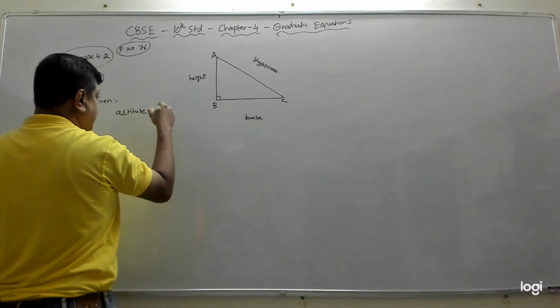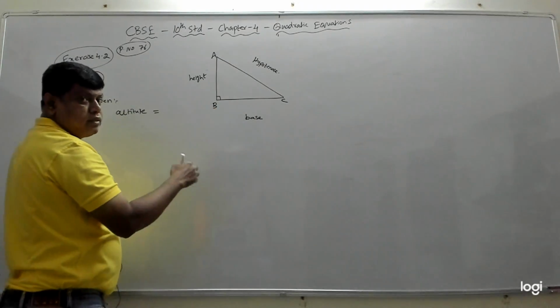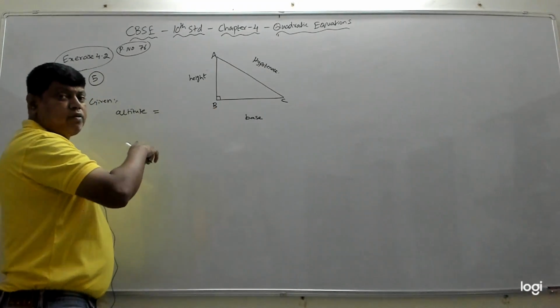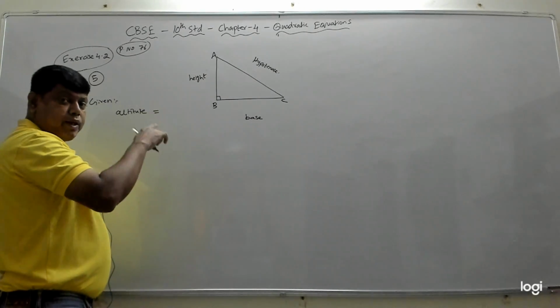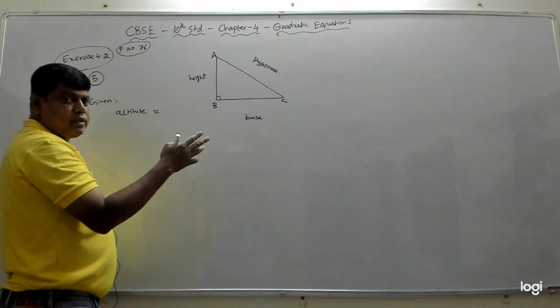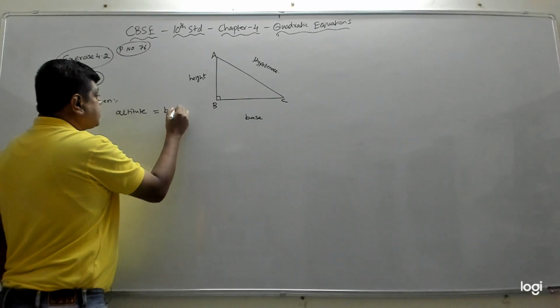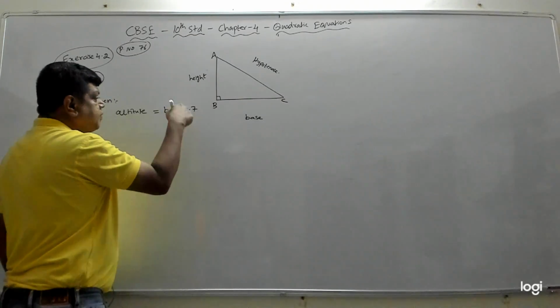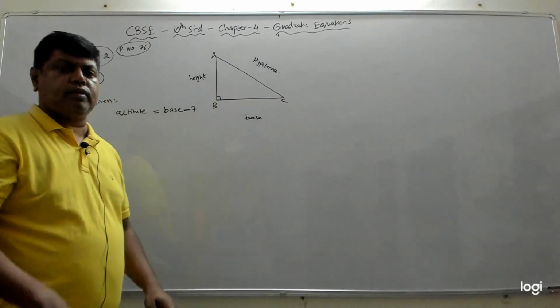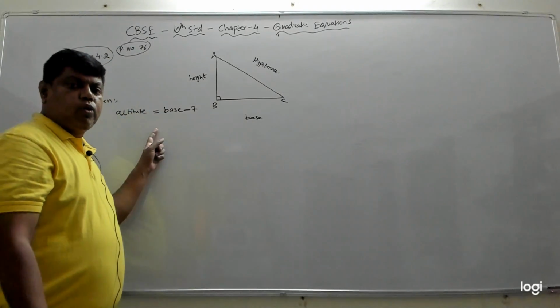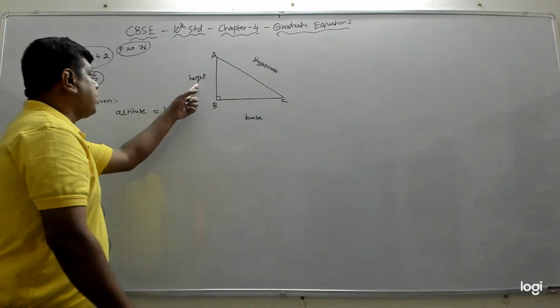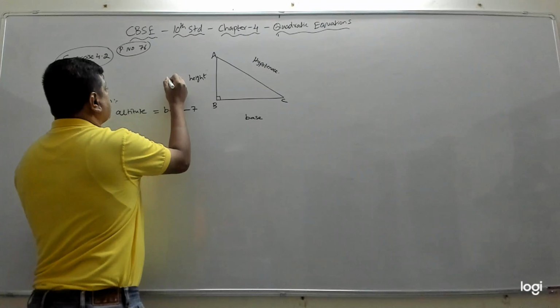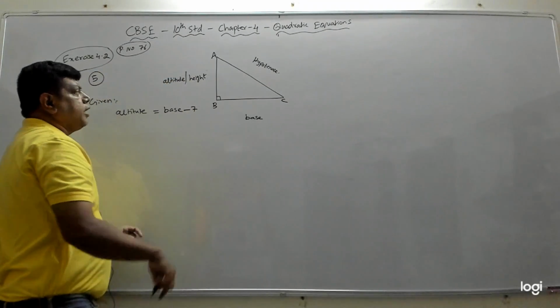Altitude is 7 less than the base. 7 less than the base means don't put 7 minus base, it is base minus 7. From the base it is less by 7, which means base minus 7. Altitude means the same as the height of the triangle.